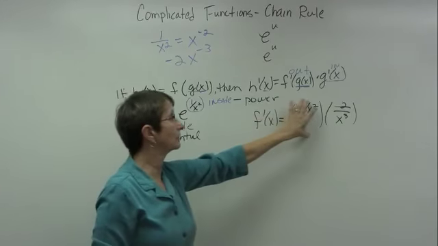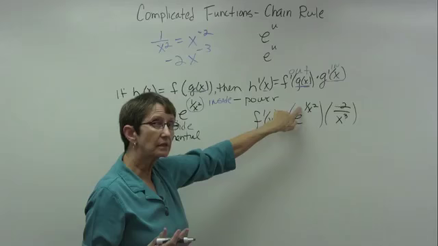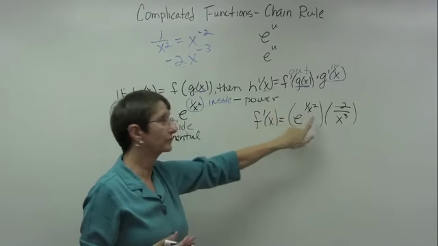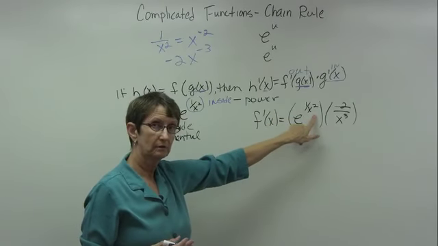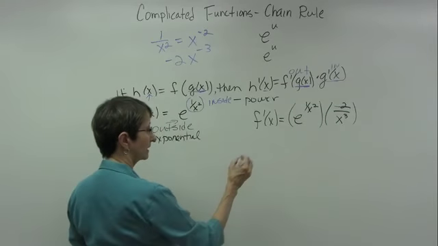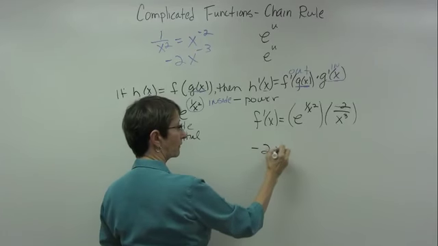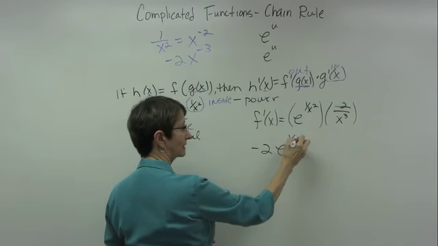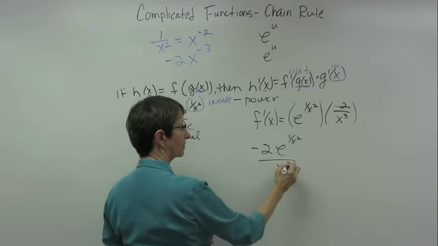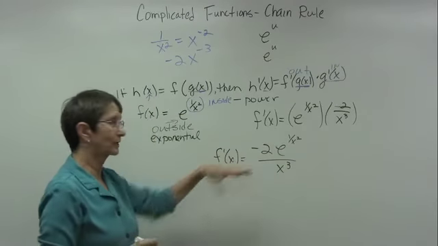So I've done the outside derivative multiplied by the inside derivative. And the inside part here, when I took the outer derivative, did not change. You don't usually see them left in this form. Probably you'd have the negative 2 on top of a fraction with the e, with the x to the 3rd in the bottom. So that's likely the way f prime of x would be written.